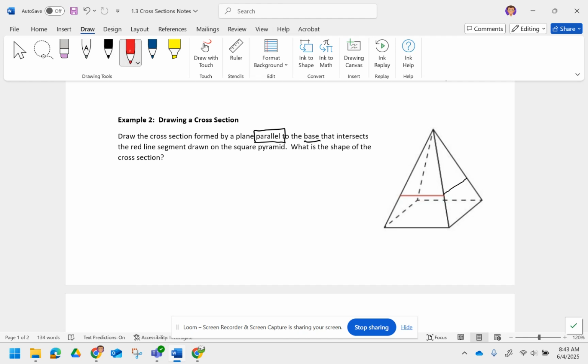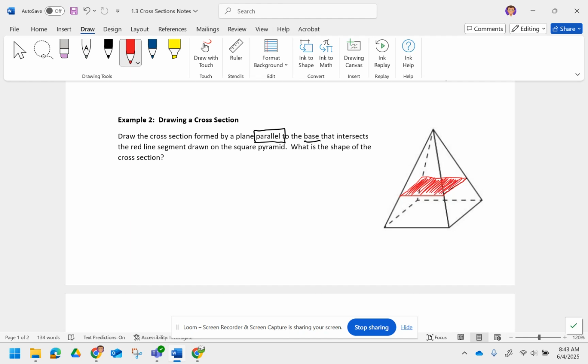And actually, let's go ahead and continue the red. So for this next side, once again, make sure I'm just drawing parallel to the base that was already drawn there. Same thing, parallel to the base that was already drawn there. And there we go. There's my cross section parallel to the base.